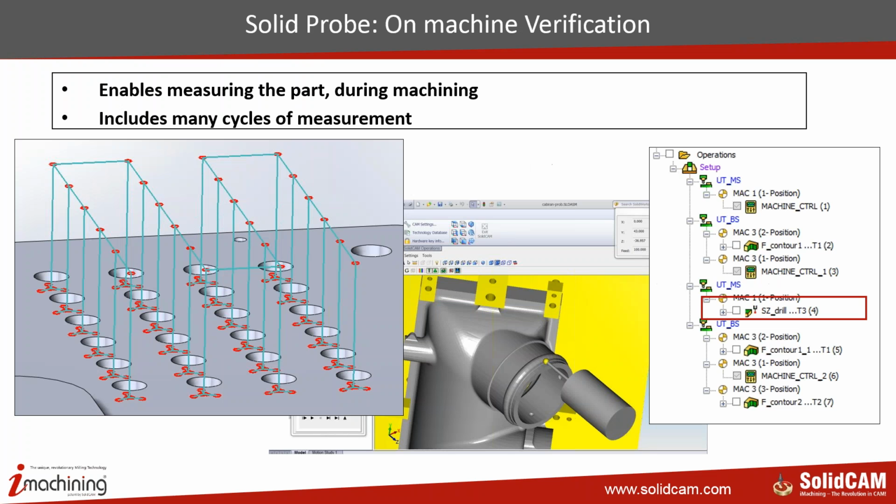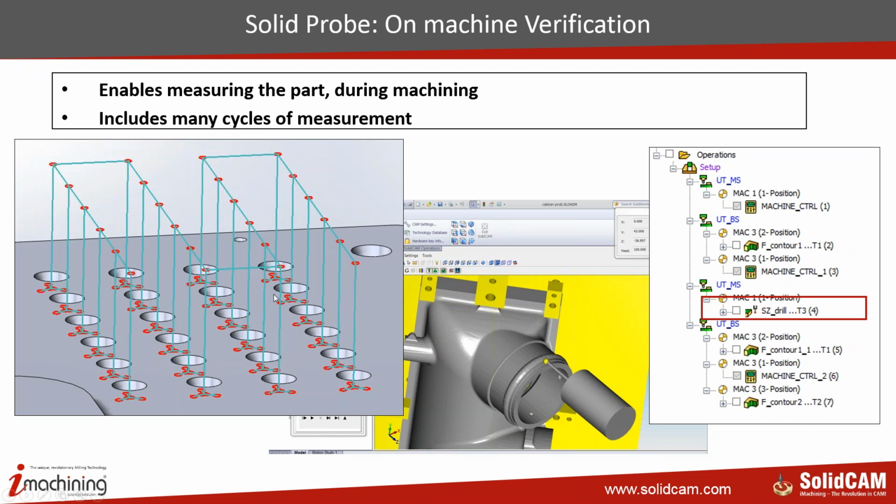Now, we talked about finding your home positions. Solid probe can also be used for on-machine verification, and Florian will get further into that as we go into the webinar itself. It's also good to know that because it's defined just like any operation, you could put it in between machining operations.